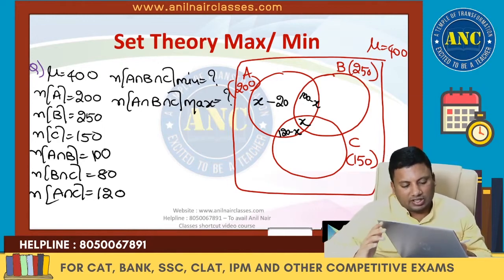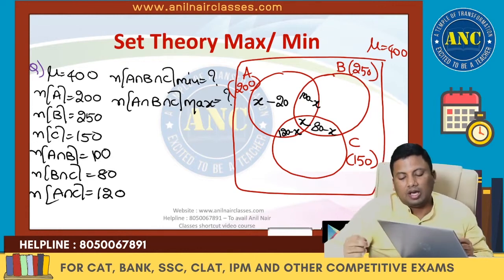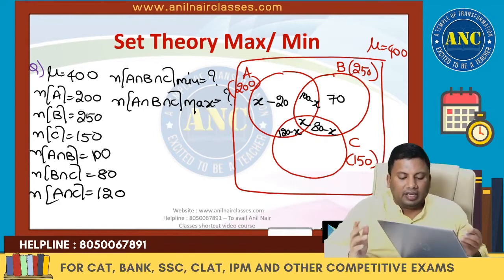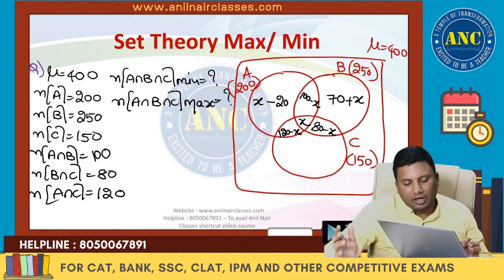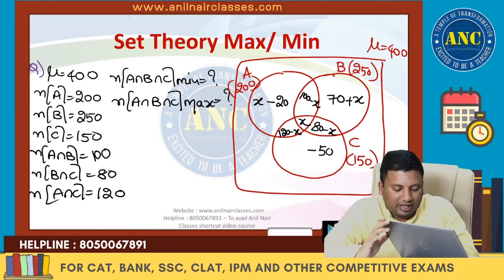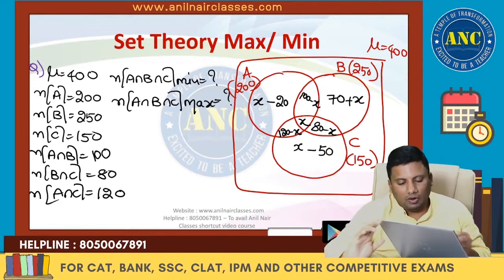B intersection C is 80, so 80 minus X. 100 plus 80 is 180, so it is 70 plus X. Two negatives are there, so two positives should be there. 120 plus 80 is 200, there will be a drop of 50. There are two negatives, so there will be X. Now I require the outside value.